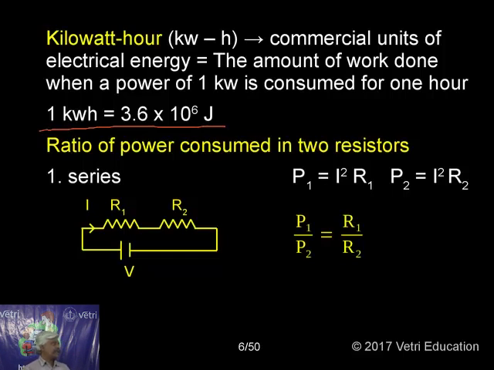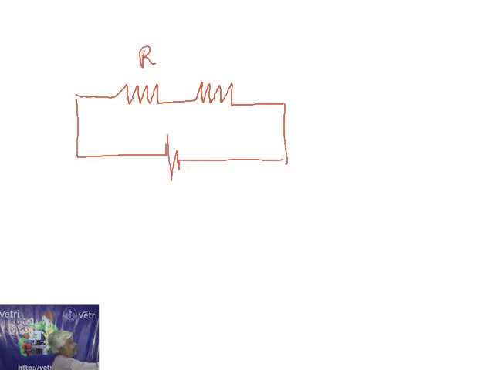Then, the ratio of power consumed in two resistors in series and parallel. This is a very important thing. If I consider two resistors, R1 and R2, connected in series to a battery of voltage V. I is the current flowing through the resistors.